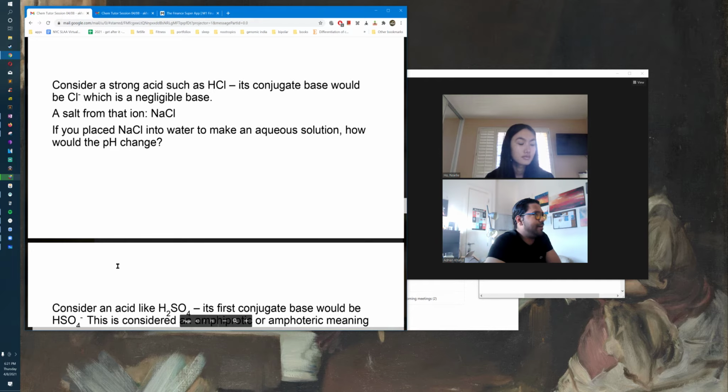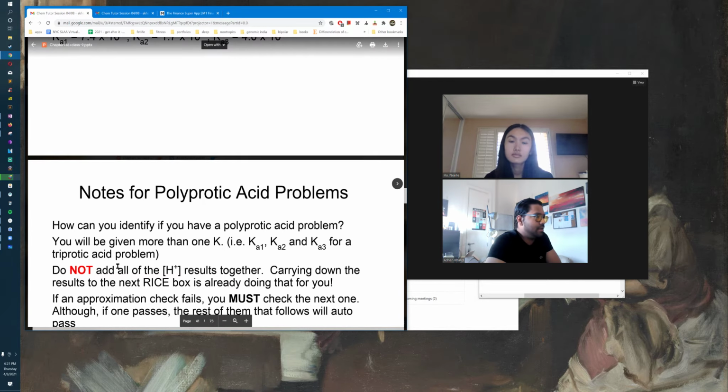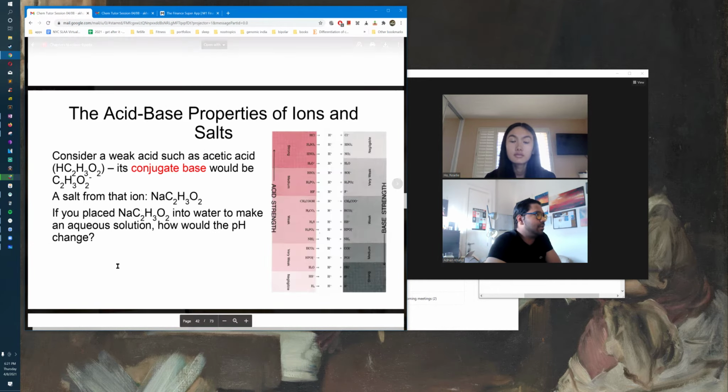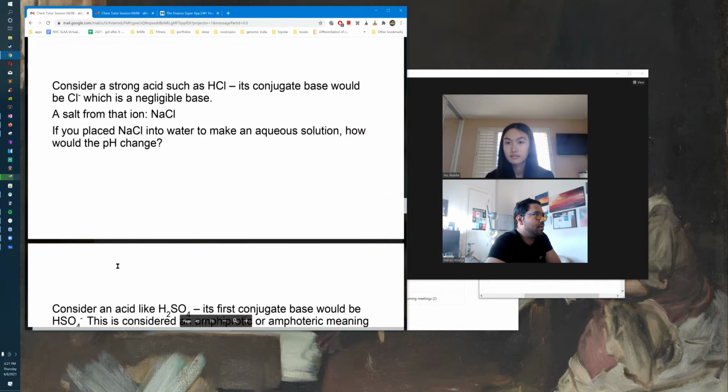And then we have another example with HCl. And then Cl minus is a negligible base. Oh yeah, that's another thing.